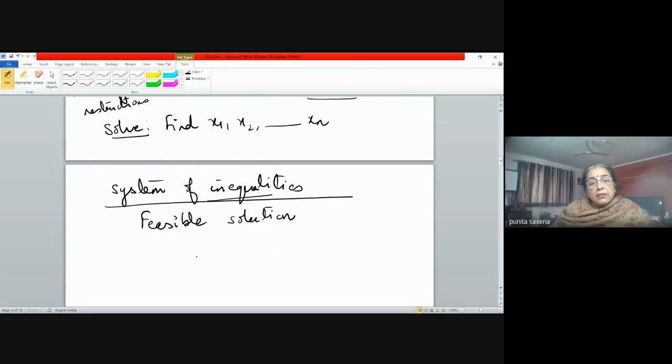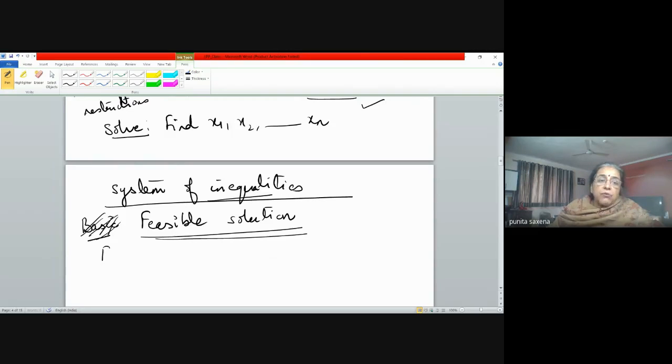ठीक है? In fact, any solution that satisfies the non-negativity restrictions also is called as a, अभी इसको ऐसे ही लिखते हैं, forget it. Basic की अभी बात नहीं करते. Any solution that satisfies the constraints as well as the non-negativity restrictions, okay, that is called as a feasible solution.